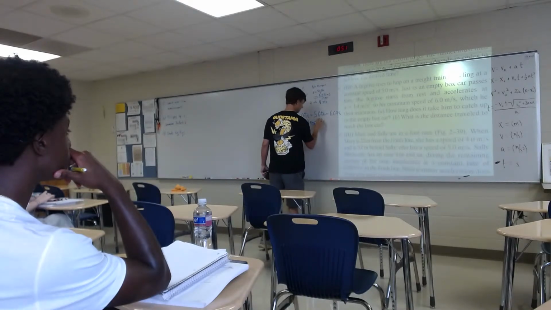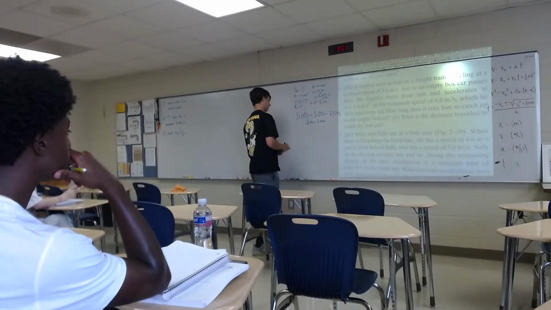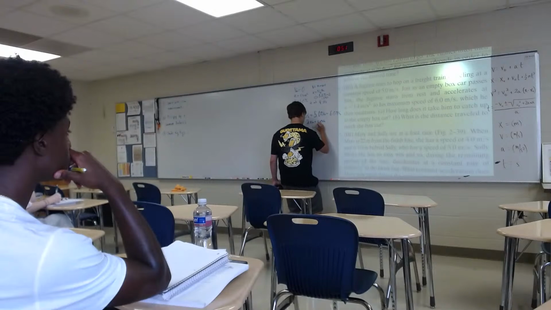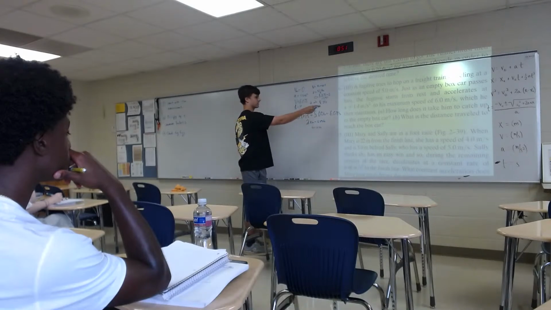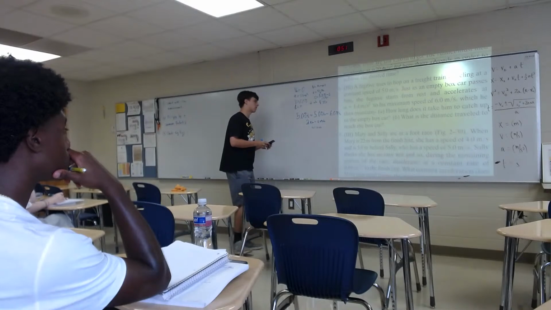Then if we subtract this over here, we end up with 1.0 meters per second times time 2. Divide those, and I get time 2 equals 21.45 seconds. So if we add up time 1 and time 2, that gives us total time to reach the empty boxcar.